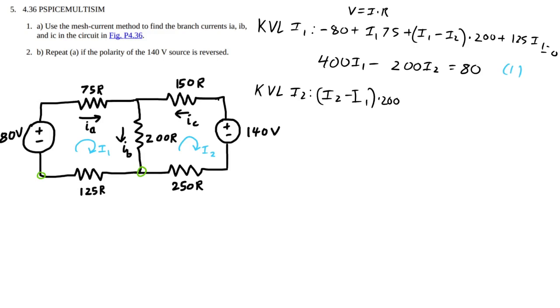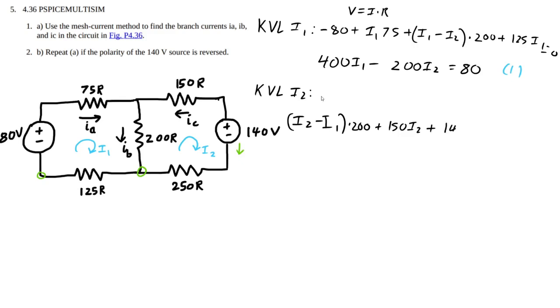I'll actually move that down because I'm pretty sure this is going to be too long. 200, and then there's I2 times 150, so 150 I2, and we have a drop because we're going from plus to minus here.